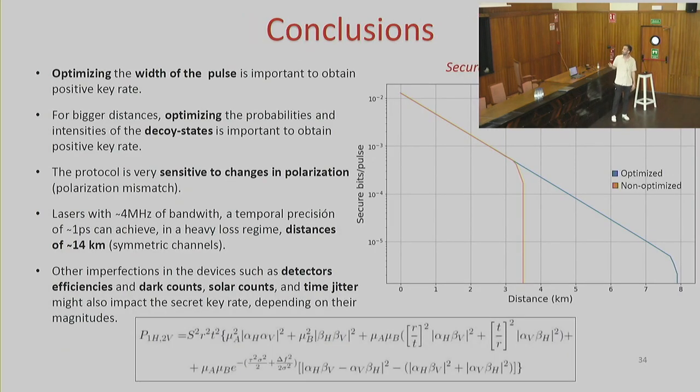Some final remarks: there are many things that you can introduce, and we have introduced in the probabilities or the simulation, like detector efficiency, dark counts, solar counts, polarization mismatch. But we have limited time, so if you want to ask about that, you can ask now or after, in the coffee break. And that's it.